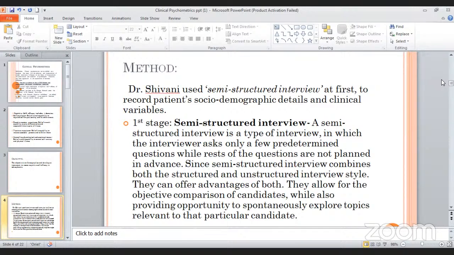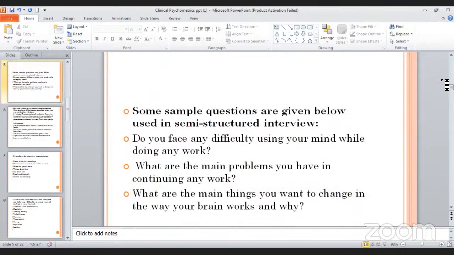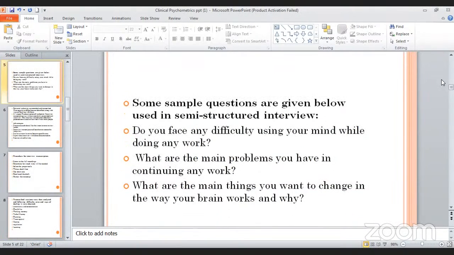Since it combines both styles, it can offer advantages of both. It allows for the objective comparison of candidates while also providing opportunity to spontaneously explore topics relevant to that particular candidate.